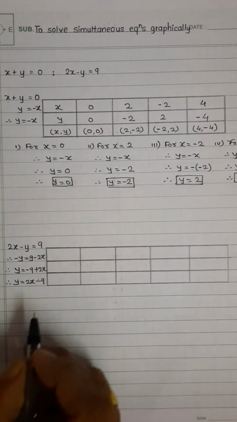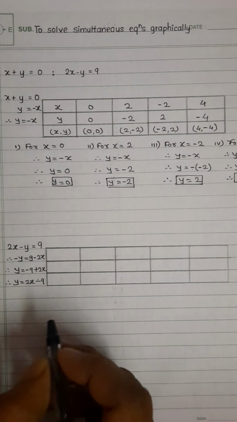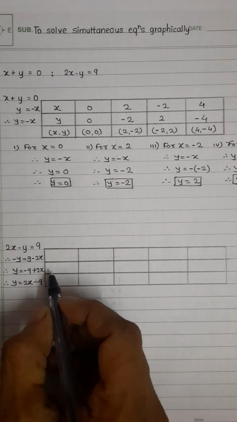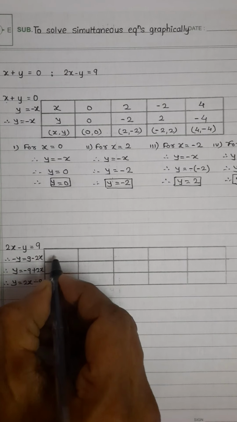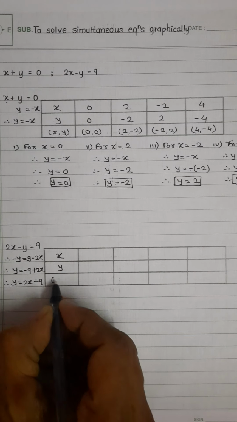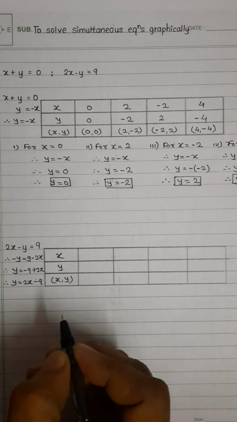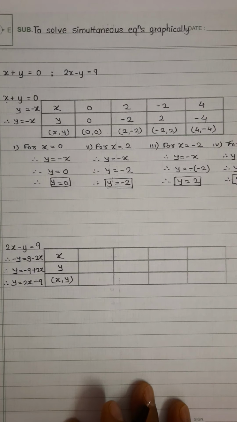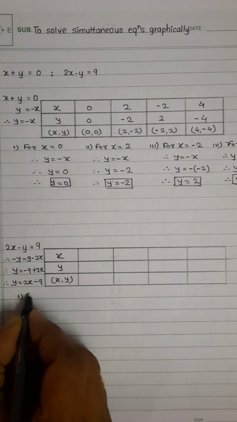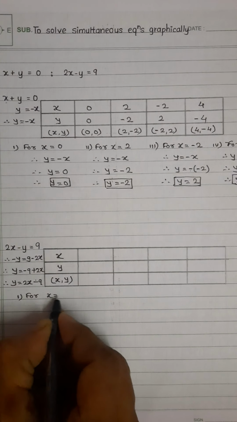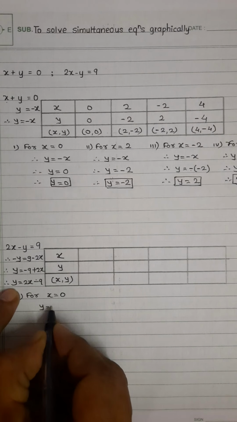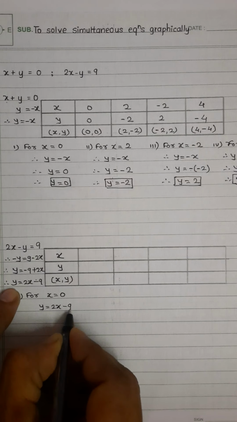y is equal to 2x minus 9. Now we have to use this equation. It is the same equation, but we convert it to understand it clearly. It is x, here it is y, and coordinates are x and y. Now we have to take the values. First we can write here for x is equal to 0. Then write down this equation, y is equal to 2x minus 9.